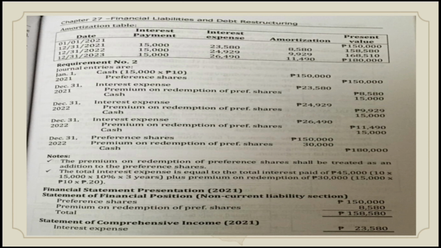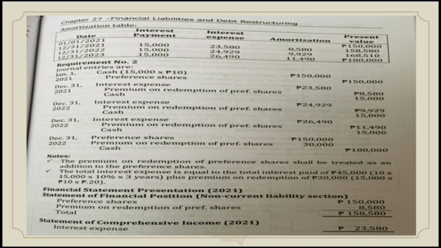So the amortization goes like this. We have a present value of 150,000. We have an interest payment of 15,000, because 15,000 times 10% times 10%. To get the interest expense, we multiply the 150,000 present value by the 15.7203% effective interest rate as of the date of issue.